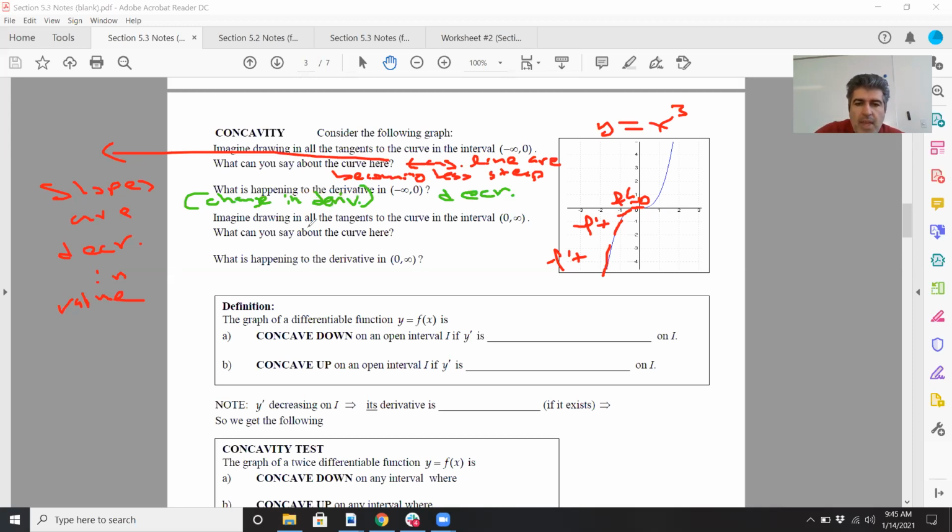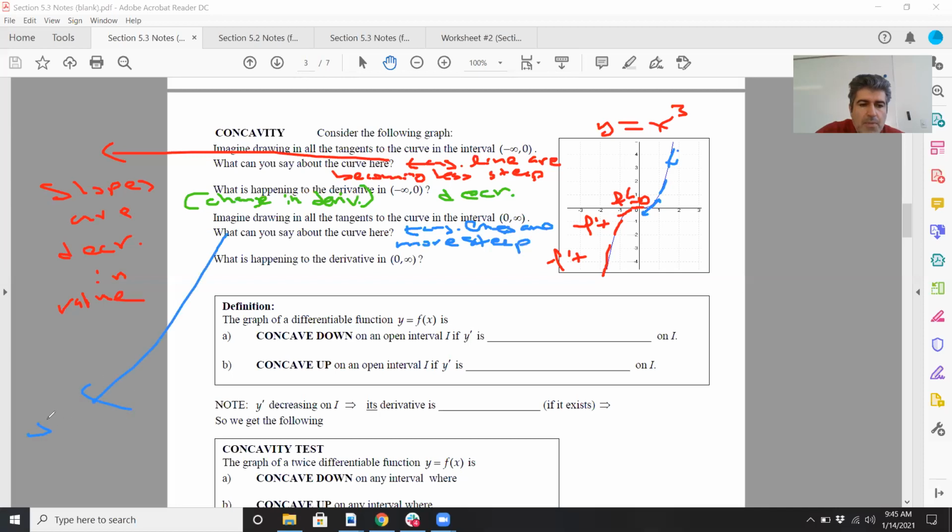Now, what if I drew in all the tangents from 0 to infinity on the right half? Well, they start becoming more steep. So now your tangent lines are becoming more steep.